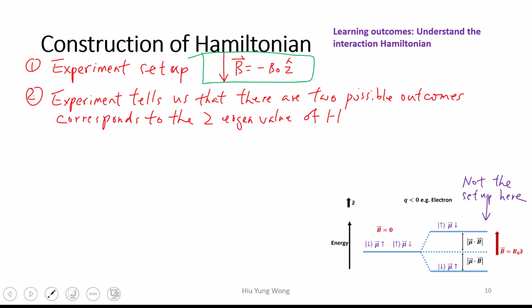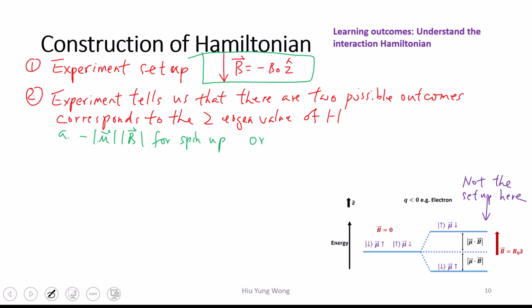Okay, and so these values must be the eigenvalues of the corresponding operator, which is the Hamiltonian, right? And what are these values? These values are, when I measure, negative mu B, I should say, negative mu B for spin up.